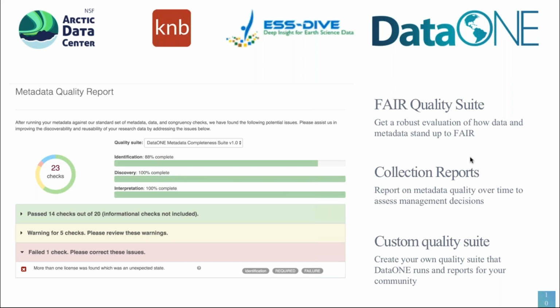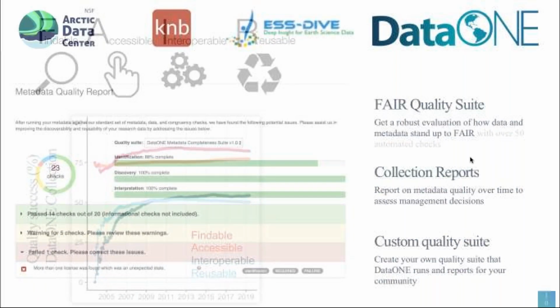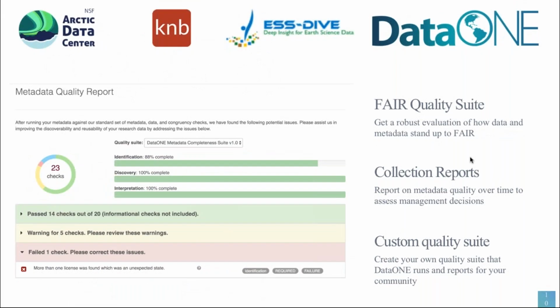And so what we'd like to see, within DataONE, is a system where we can run the FAIR suite that we talked about this morning as a generic assessment of whether or not a data set is of high quality, but we can also run custom quality suites like this Arctic Data Center suite, so that whether we're talking about the Arctic Data Center or the KNB or ESS-DIVE or other groups that might be part of the DataONE network, we can reuse the infrastructure that we've used to build this quality assessment work across those different systems.